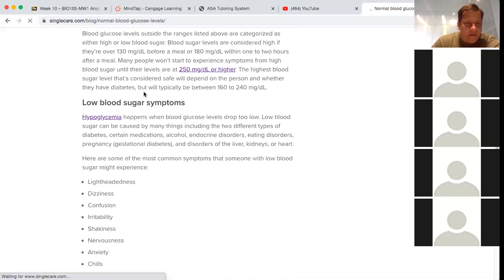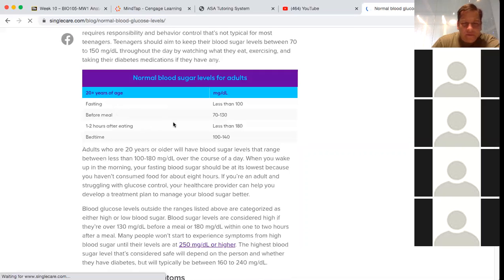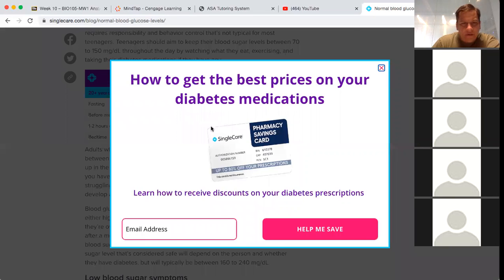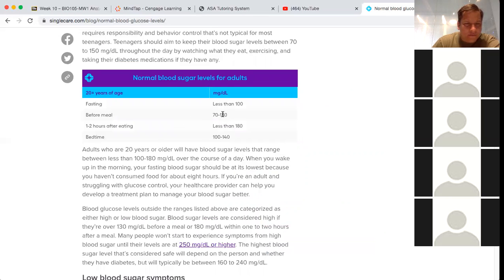Well, here you have a reference for adults before meal. 70 to 130 is kind of the normal fasting. But again, it depends on the symptoms of the patient.